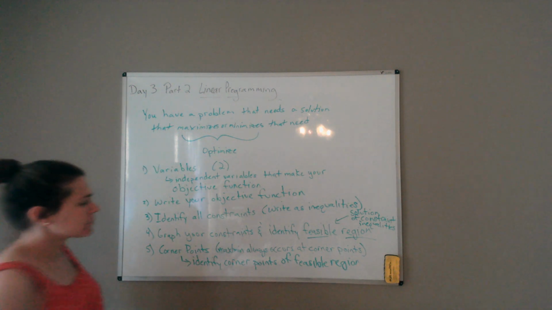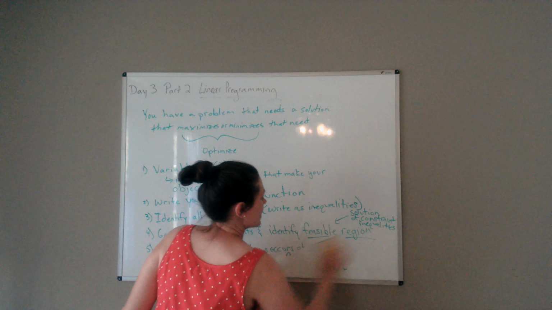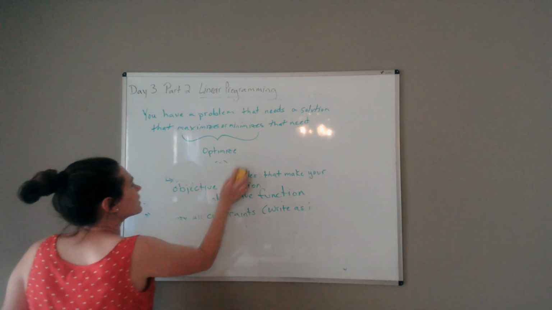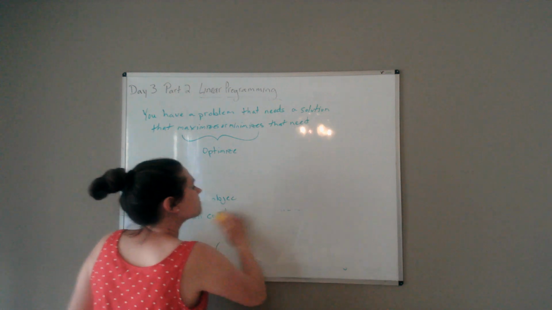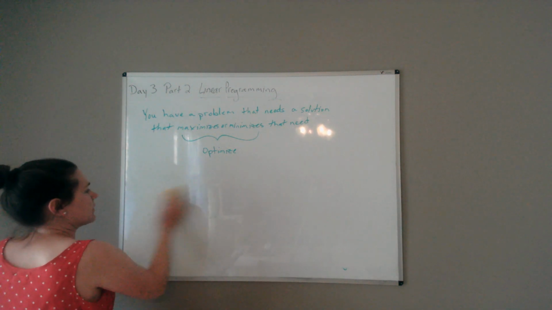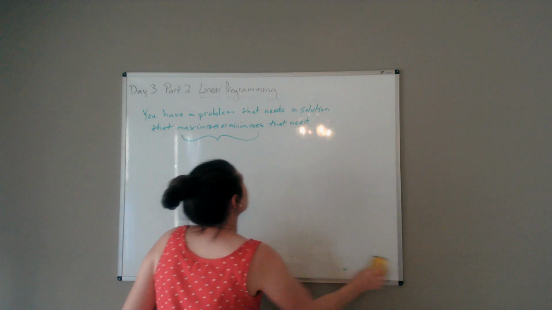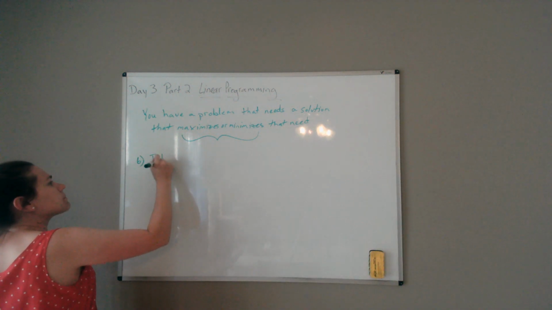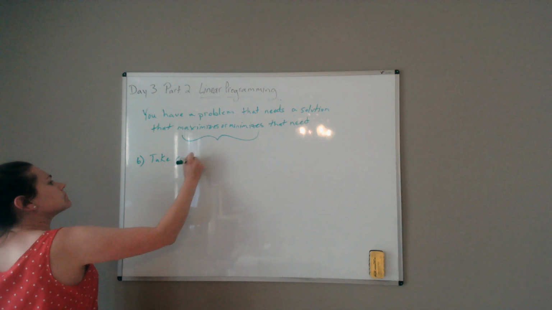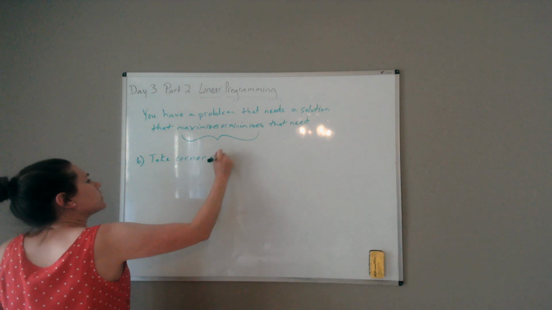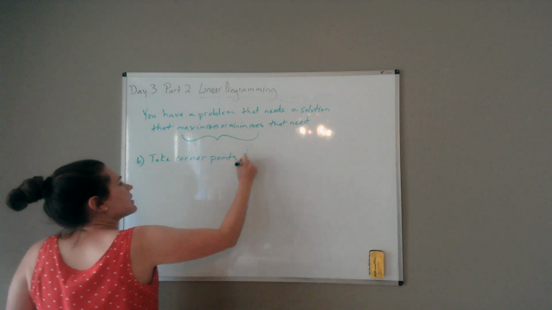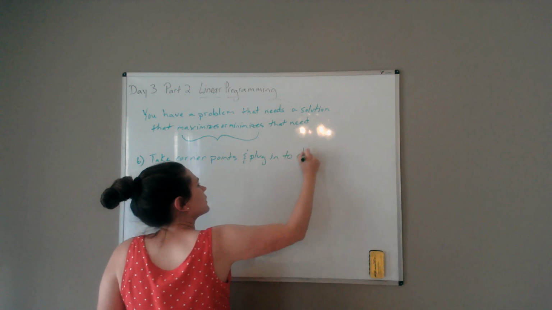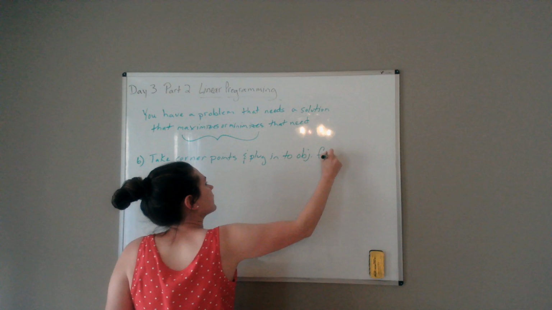So then, number 6, you take the corner points and you plug them in to the objective function.